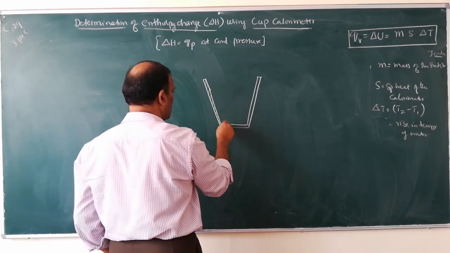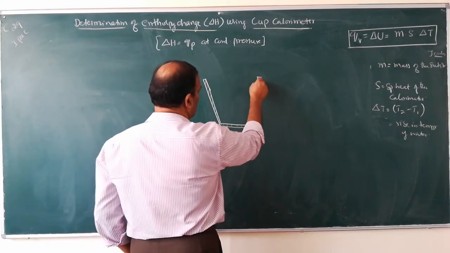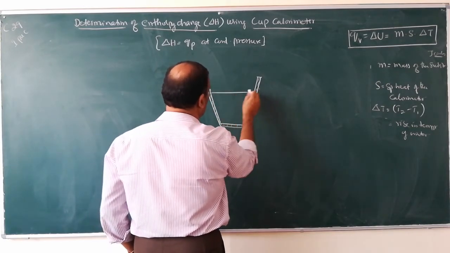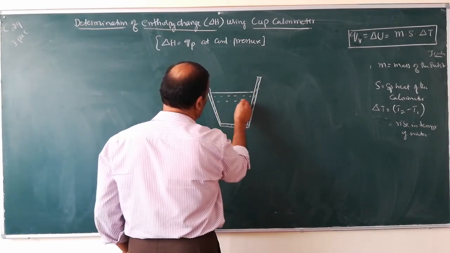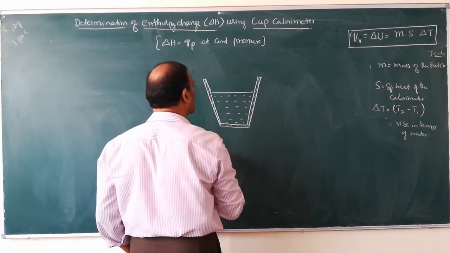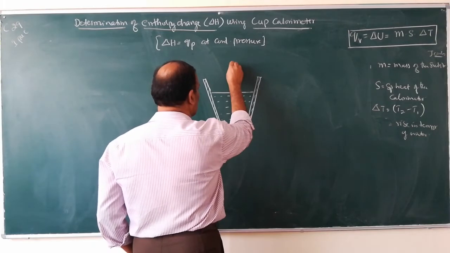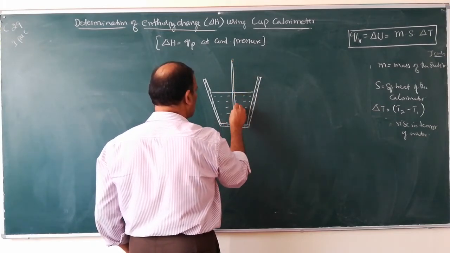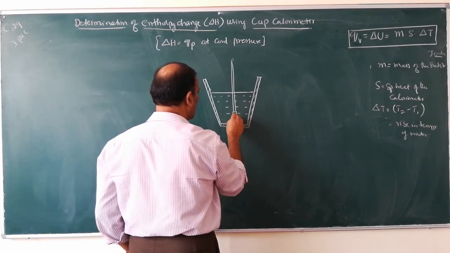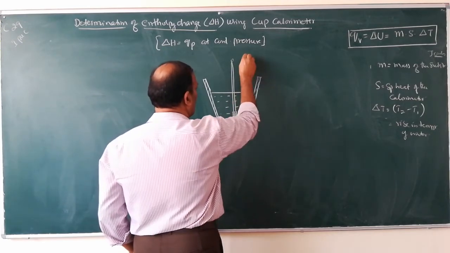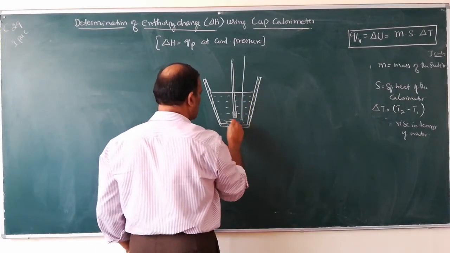It contains water. It is very simple. Here is a thermometer and it is a stirrer.